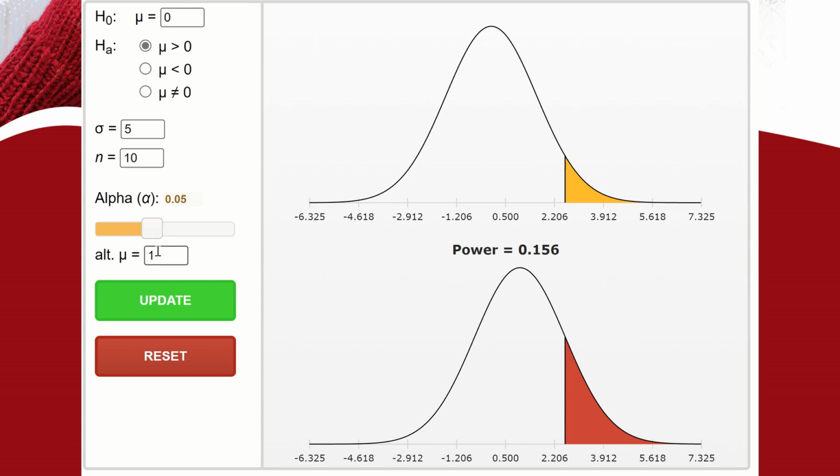What if we said the mean was 0, but liar, liar, pants on fire, the mean is actually 1? So we're seeing what's the ability to detect, or to correctly reject the null, if the true mean is 1 when we said it was 0. That's what power is.